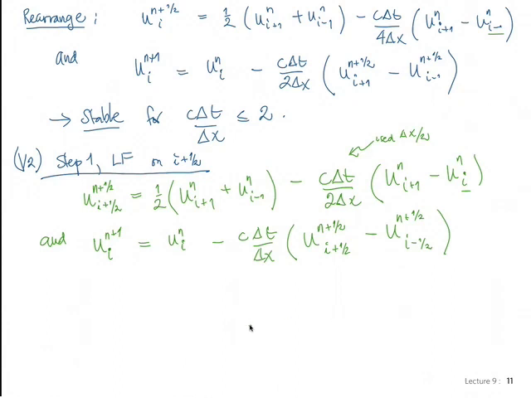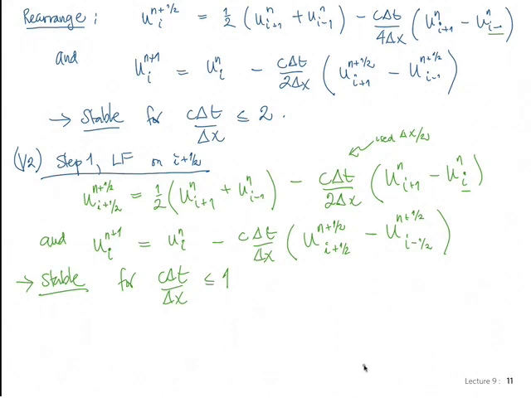So this one is stable for c delta t over delta x less than 1. So now let's look at the, to understand this a little bit better, let's look at the stencil for this.